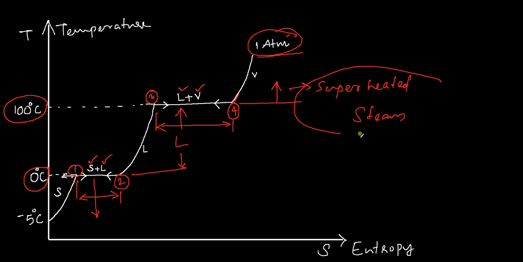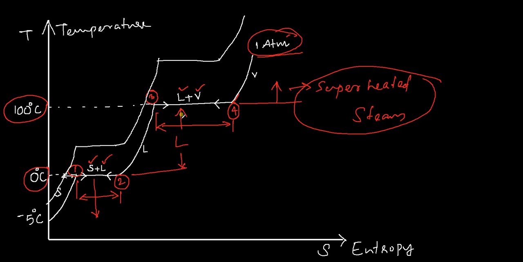Now, what happens if you repeat the process at 2 atmosphere? You will be able to generate a similar graph. I'm just drawing a graph here. You have a solid region, and then a solid and liquid region, and then you will have a completely liquid region, and then you will have a liquid plus vapor region, and then you will have a vapor region only.